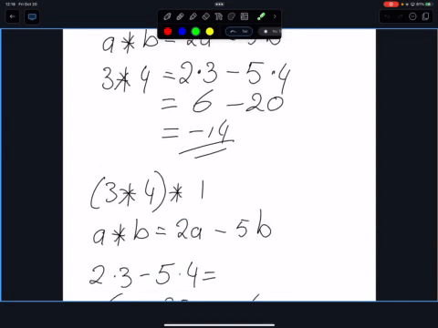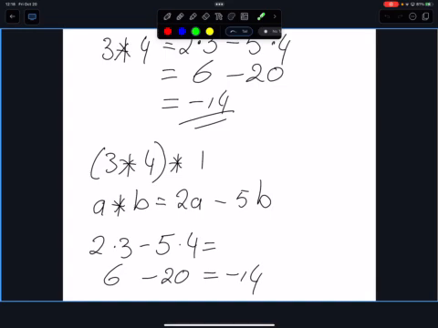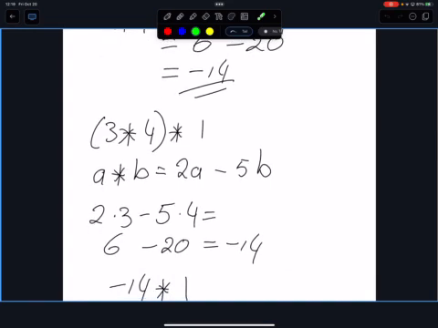The following question is an addition to the one previous. You already know the answer to 3 asterisk 4, which is negative 14. So after you've done that, you do it again. That is the third exercise in 4.2.